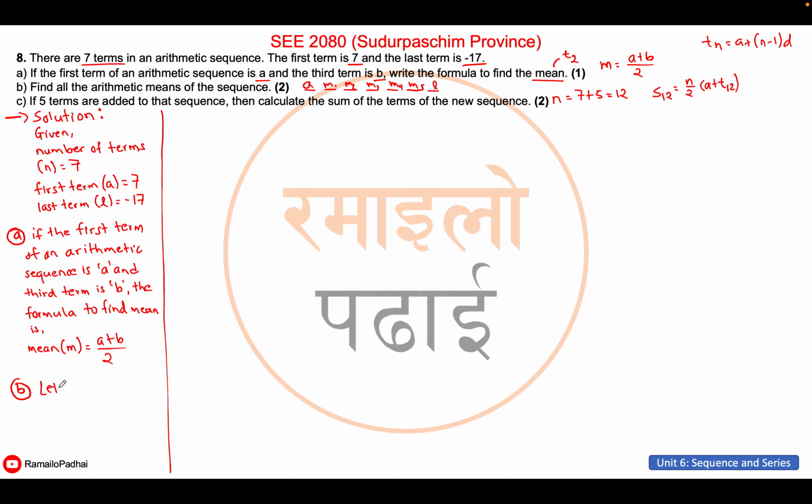Let m1, m2, m3, m4 and m5 be first, second, third, fourth and fifth means respectively.